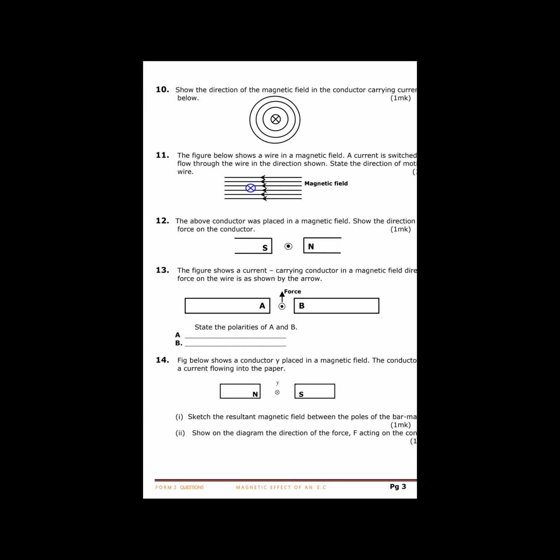The thumb will be facing downwards. The first finger is facing to the left. Yes. The second finger is facing upwards because current is moving out upwards. Yes, current is moving out. Then the thumb will rest downwards in the southern direction.